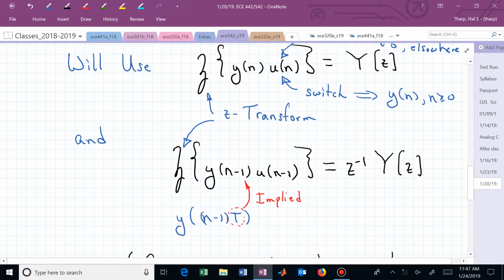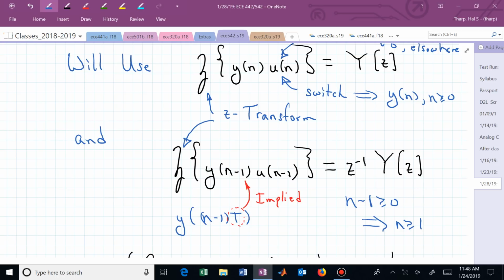Then if somebody actually looks at a delayed version of that and they say, oh, y of n minus 1, I want its z transform, we shift when it starts consistent with the argument, so we switch it on when u of n minus 1 is non-negative. I'm sorry, n minus 1 greater than or equal to 0, which now says that the time sequence inside the curly brackets is going to be true for n greater than or equal to 1.